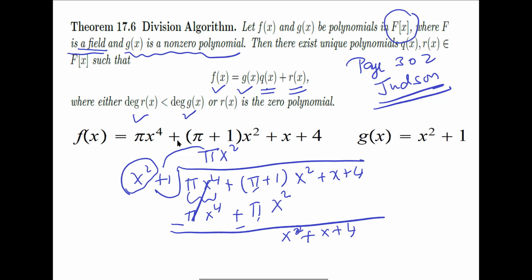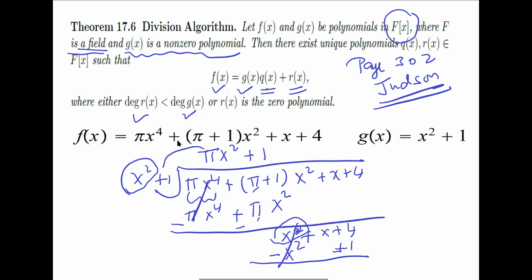Now this is x squared, and when we compare this x squared with this x squared, all we need is a 1. So we multiply the divisor by 1, we simply get this. Then do the subtraction.